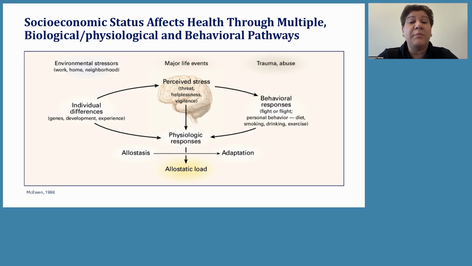And it behooves me to say there's one other really important thing about this model, which is that a lot of it is predicated on the idea that the stress we experience from our social conditions is chronic stress. This is not about occasional major stresses that happen.